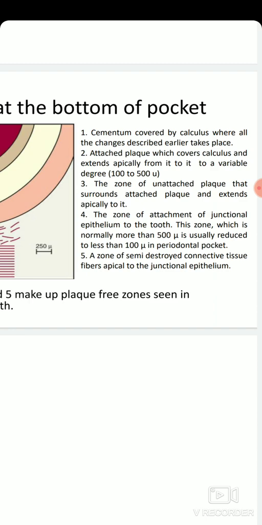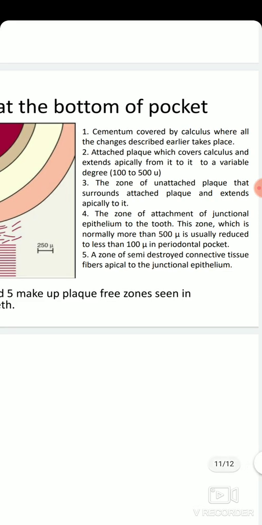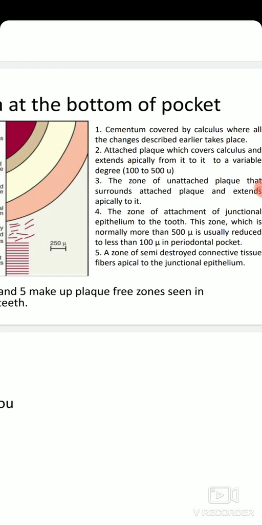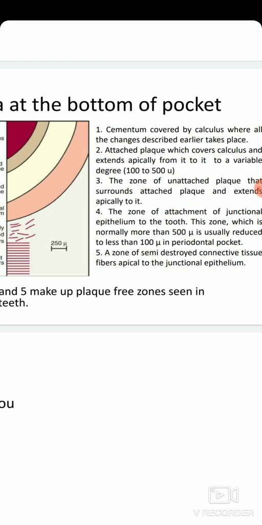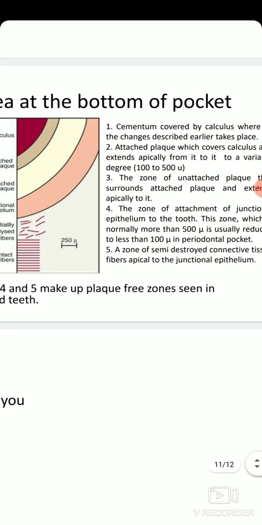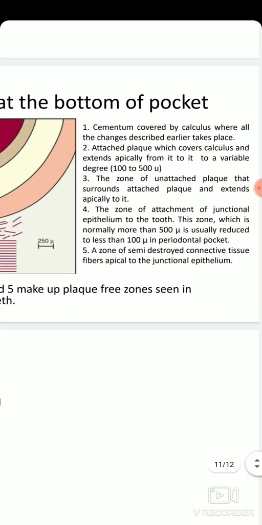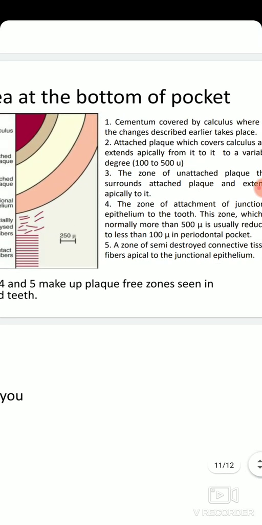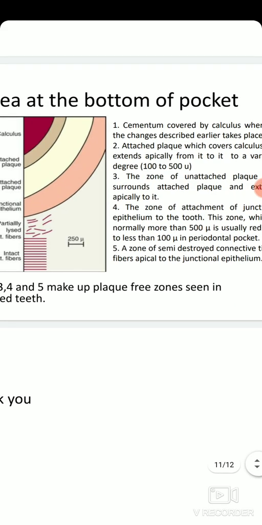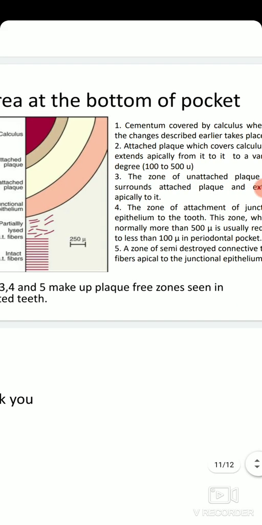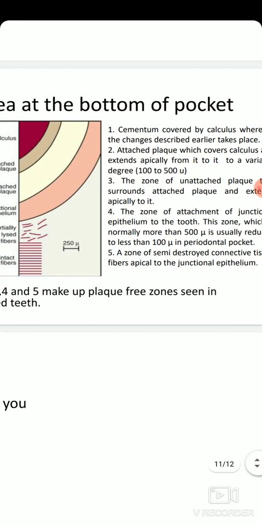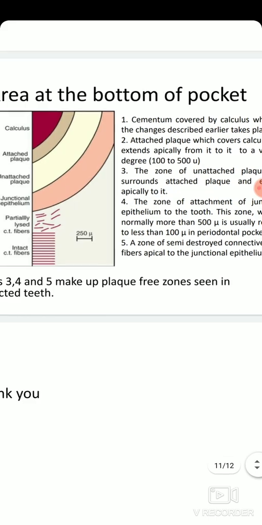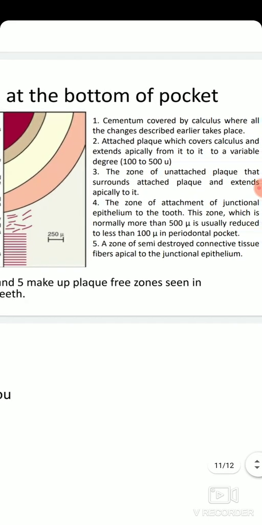The second zone is attached plaque, which covers calculus and extends apically from it to a variable degree, 100 to 500 microns. The third is the zone of unattached plaque that surrounds attached plaque and extends apically to it, and the fourth is the zone of attachment of junctional epithelium to the tooth surface, which is normally more than 500 microns and is usually reduced to less than 100 microns in periodontal pocket.